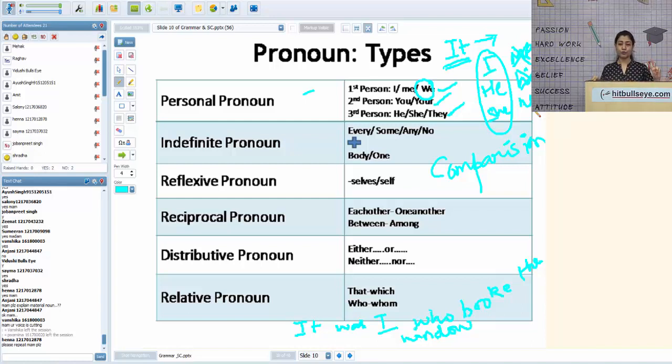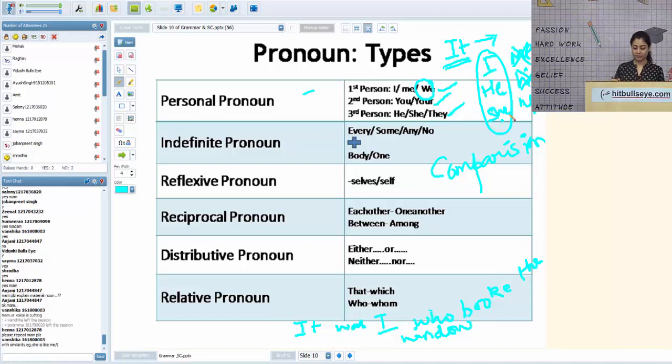Now there are two rules relating to personal pronoun. The first rule is whenever a statement starts with it is always followed by I, he or she and never me, him or her. These words are called as subjective pronoun, the list of which I will be giving to you in the next two slides. Then you can note down the list as it is. The second rule is whenever there is a comparison.